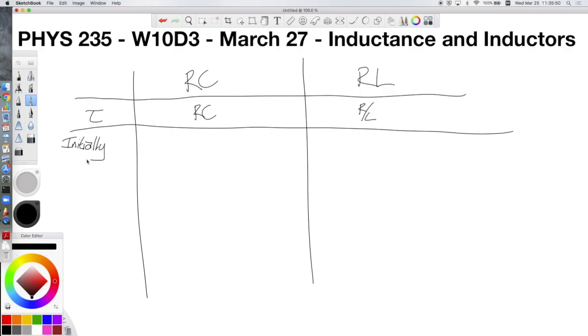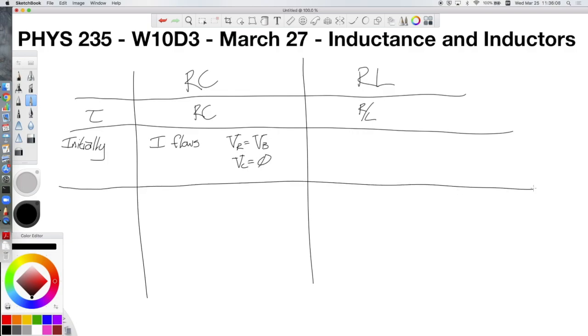So initially, right when you close the switch in an RC circuit, the current does flow, and the resistor voltage is taking up all the battery voltage while the capacitor voltage is 0 because no charge is stored yet. In an RL circuit, when you connect it, the current does not flow at first. And all of the battery voltage is spent at the inductor instead, and the voltage across the resistor is 0.